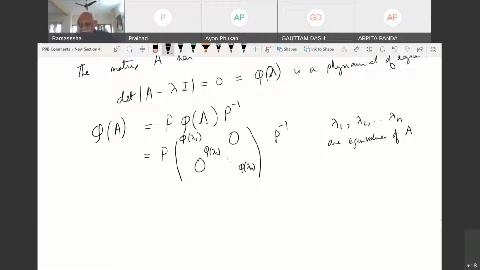What is the value of P of lambda 1? How do you get the roots of the polynomial P of lambda?